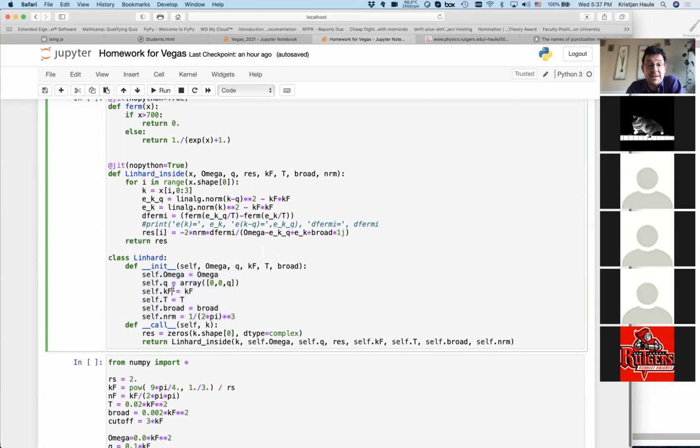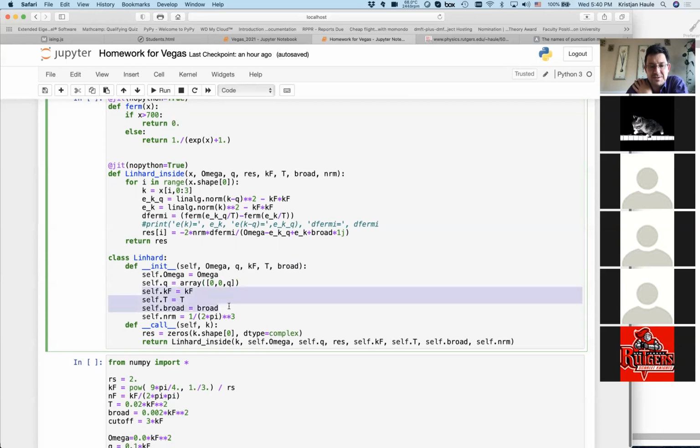Actually, Q needs to be a three-dimensional array, so we construct it from a number in such a way that the vector points in the z direction. This is completely arbitrary, it could point in any direction, because the system has complete rotational invariance. So any Q can point in any direction, and the result shouldn't change. But it has to be a vector, of course, because we're going to deal with vectors.